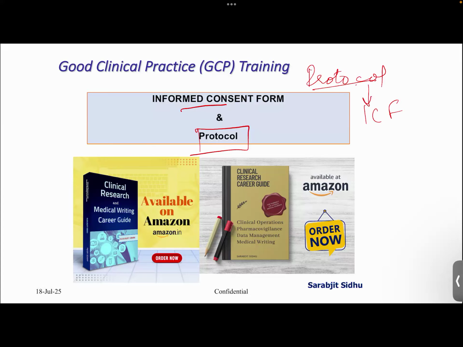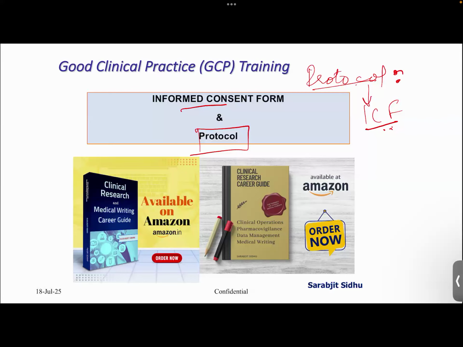From a medical writing perspective, the protocol is a source document for an informed consent form. One more reason why these two topics are clubbed together is that we mostly write these two documents together, because a lot of information comes from the protocol into the ICF.